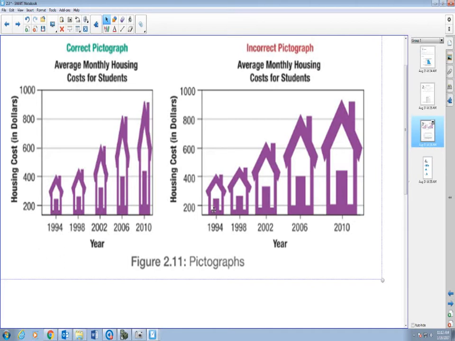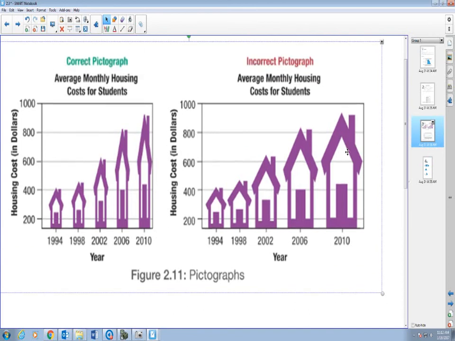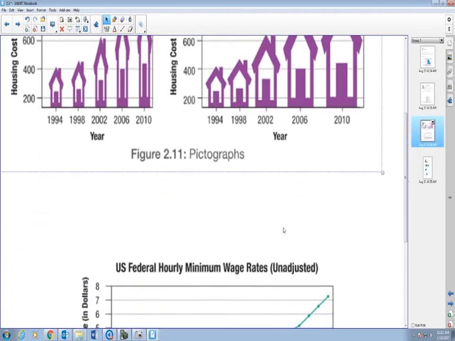So that's a little bit inappropriate. The size of the house should be the same, but the height of the house needs to reflect what the data shows. So be careful. An incorrect pictograph can actually persuade our view.